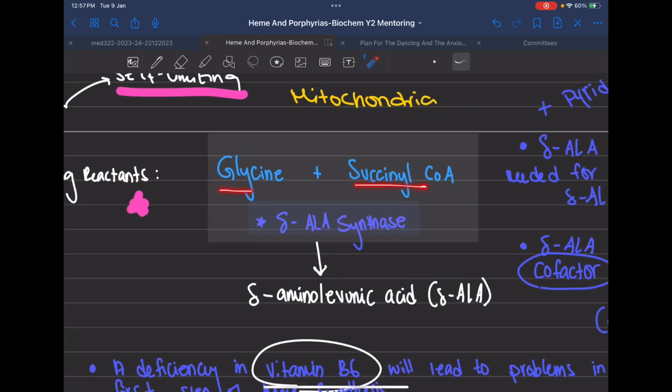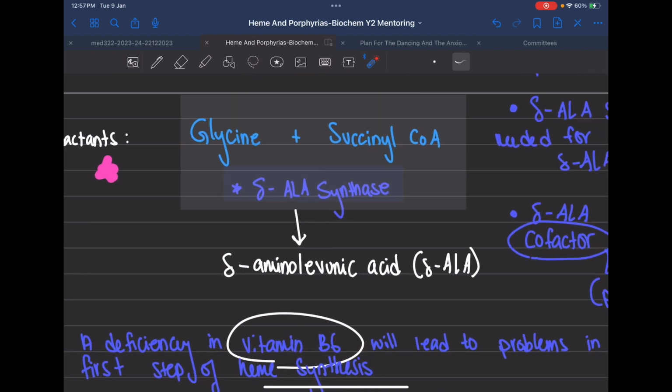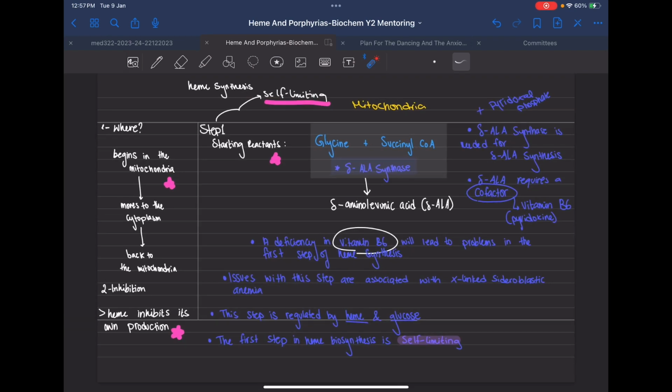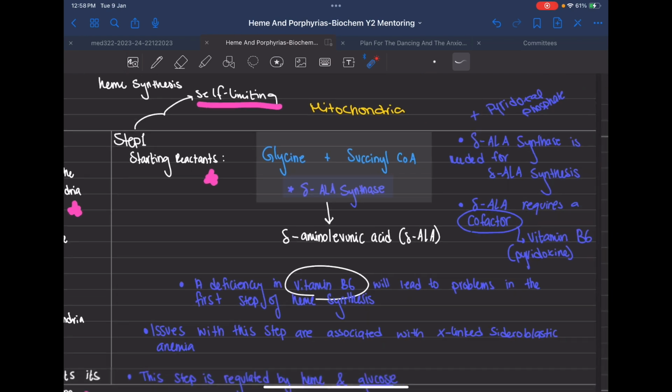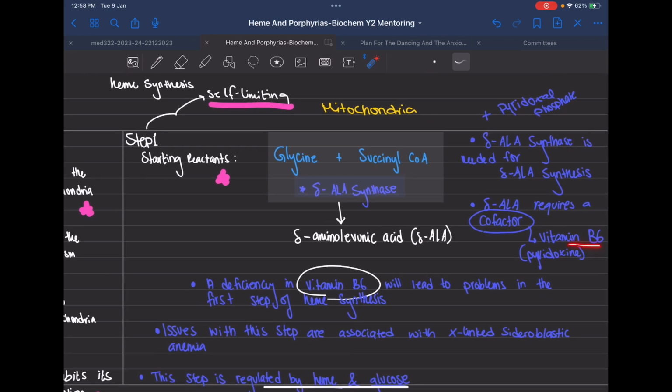So glycine and succinyl-CoA come together and they form delta aminolevulinic acid with the help of two things. There's two things that should be present, and they are this enzyme over here, the delta ALA synthase enzyme, and vitamin B6 or pyridoxine, along with pyridoxal phosphate, which is the active form related to vitamin B6.